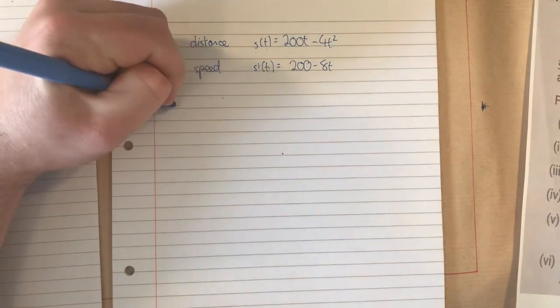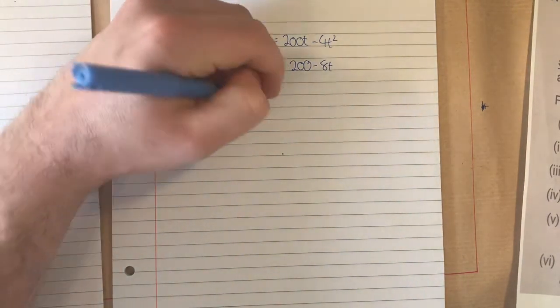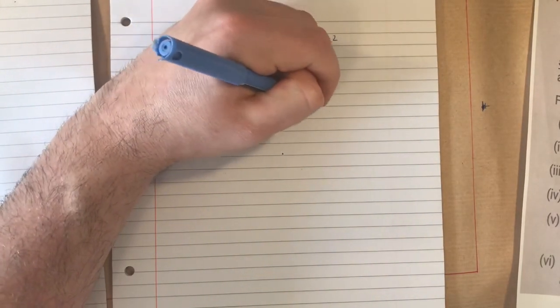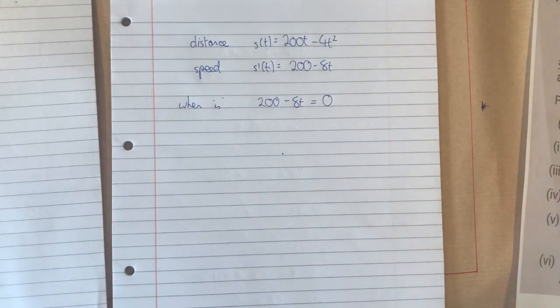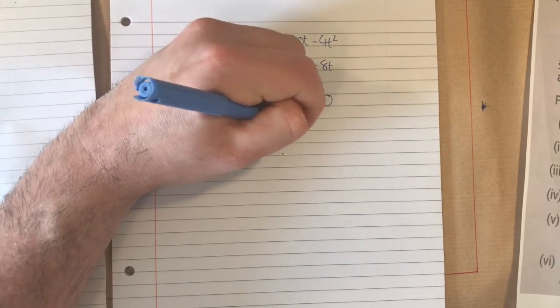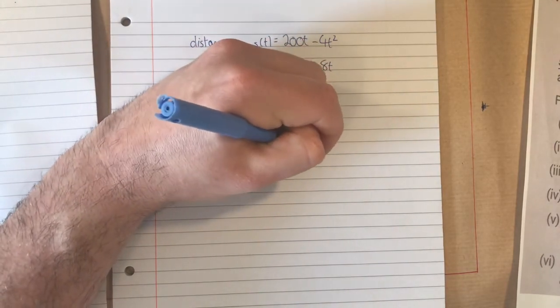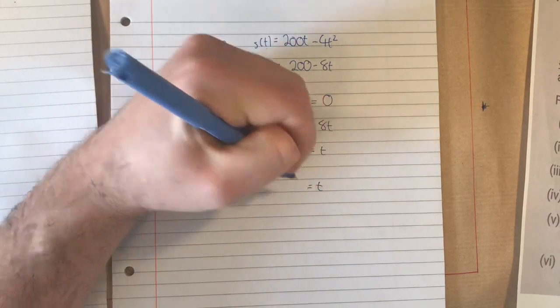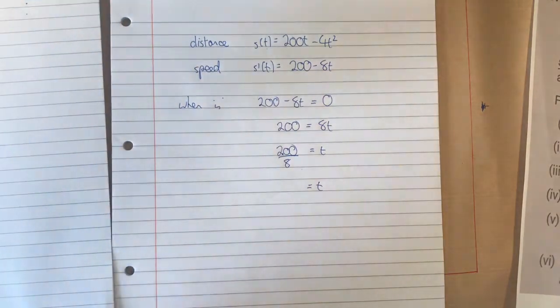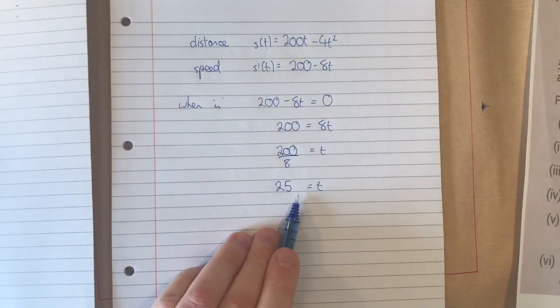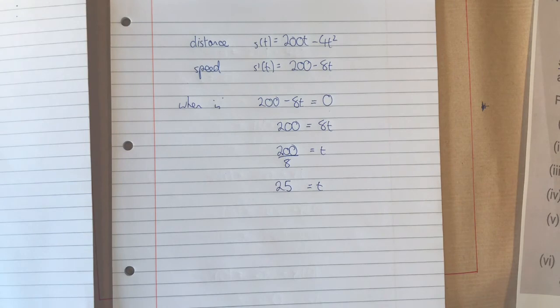When is 200 minus 8t equal to 0? That's pretty straightforward. That's just 200 is equal to 8t, so t is equal to 200 over 8, so t is equal to 25. So it takes 25 seconds for the airplane to come to rest.